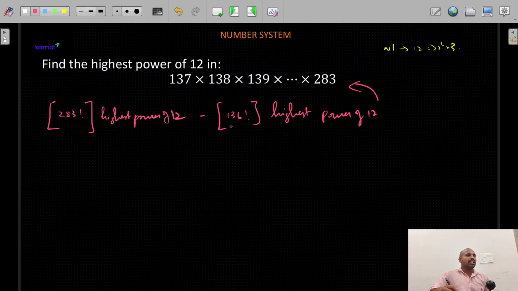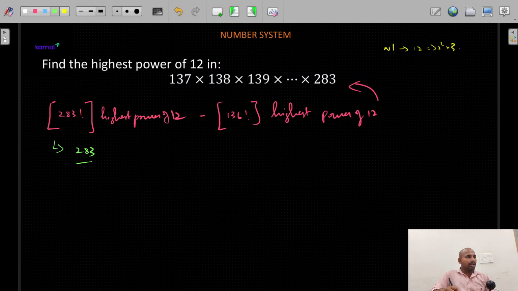So from 283, I will find the highest power of 2 square and 3. First, find the highest power of 2, then divide by 2 so that I get the highest power of 2 square. Don't divide by 4 directly here, that's the problem.